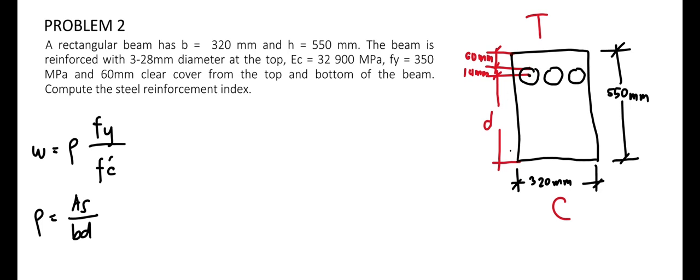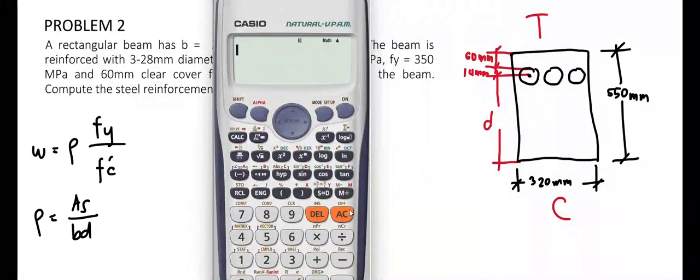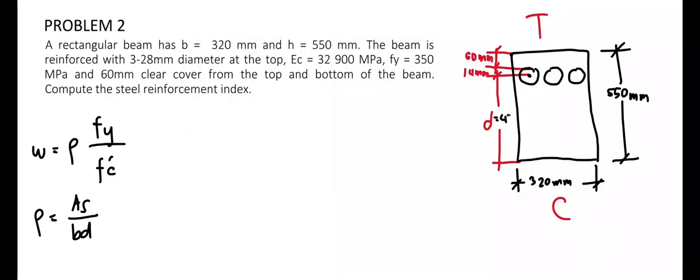So let me redraw this drawing to make it clear. So the effective depth is the distance going from the centroid of the steel area towards the outermost part of the beam experiencing compressive force. And d is equal to 550 minus 60 minus 14. That is equal to 476 millimeters.